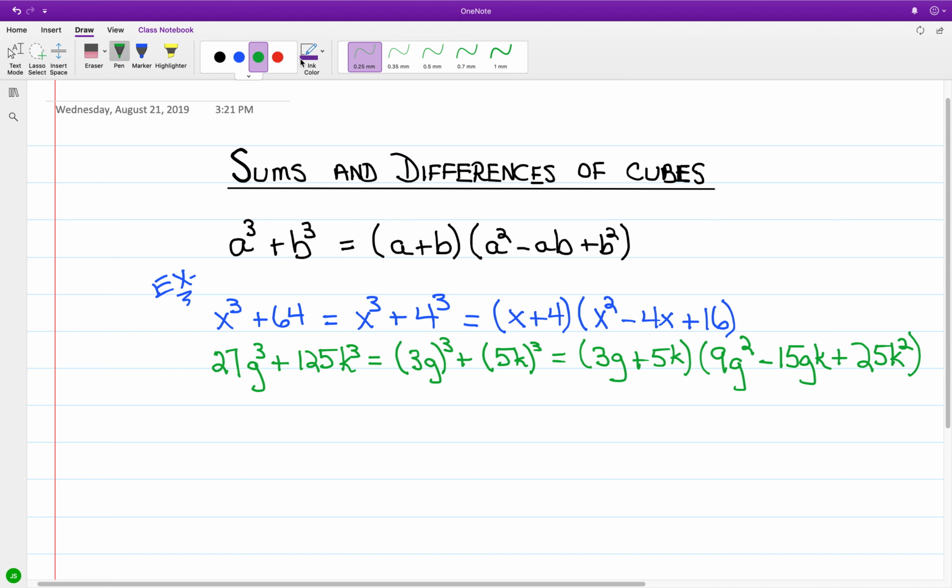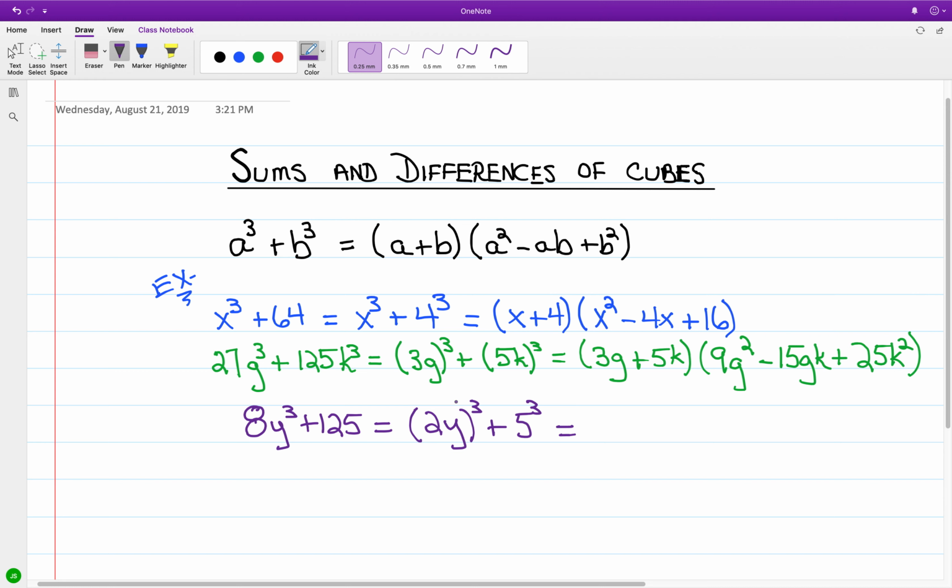Now in the handout from Alex, we had left over question number 4, which looks at factoring 8y cubed plus 125. Writing this as the sum of perfect cubes, 8y cubed is the cube of 2y, and 125 is the cube of 5.